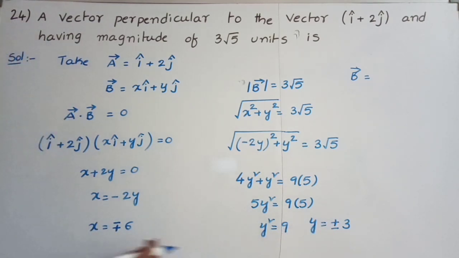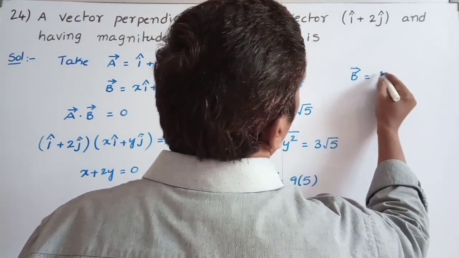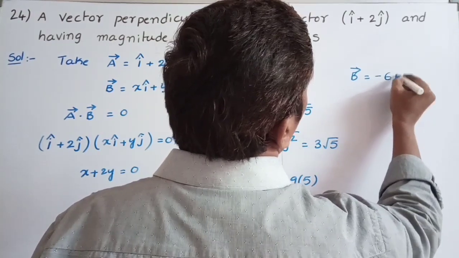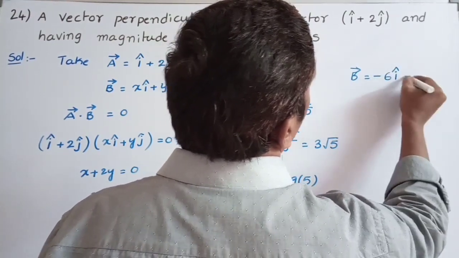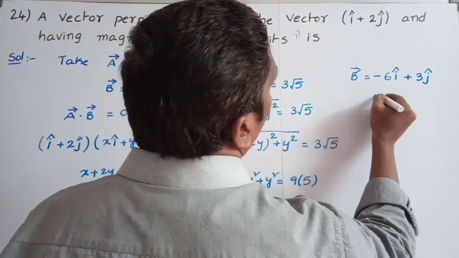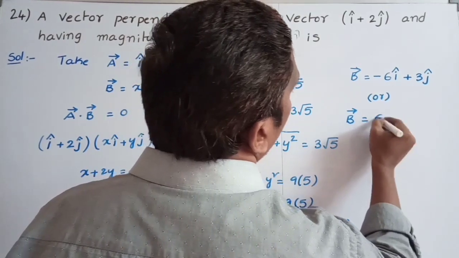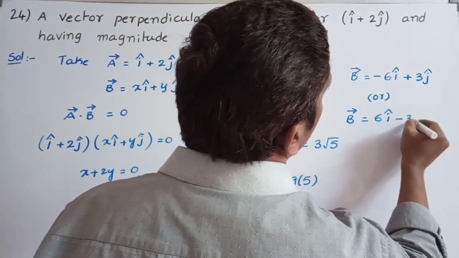If you take the y value positive, then we get the x value negative. If you take the x value negative, then we get the y value positive. So b bar we can write as minus 6 i cap plus 3j cap, or b bar is equal to 6 i cap minus 3j cap.